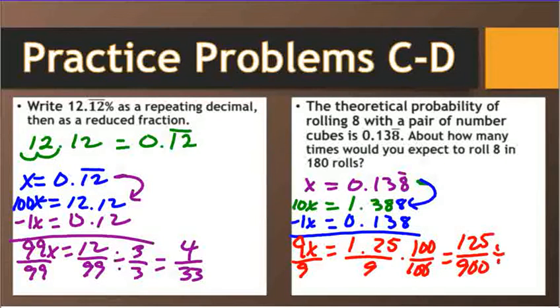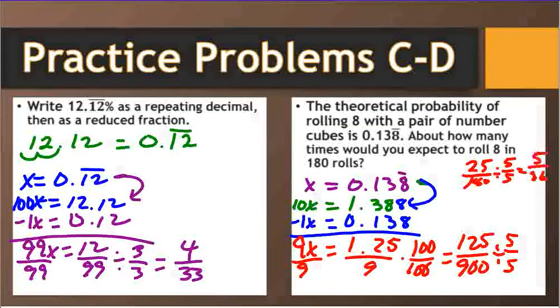I can divide this by 5 over 5. 125 divided by 5 gives us 25. 900 divided by 5 gives us 180. I can divide this by 5 again. 180 divided by 5 gives us 36.